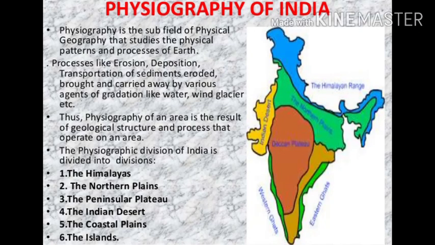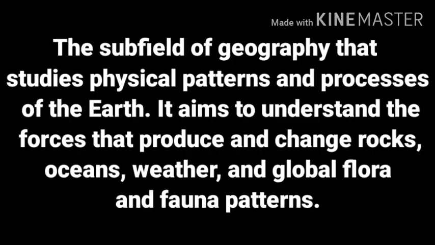So students, to know more about these geological regions, we will see the physiography of our country, which is divided into 6 parts. So let's see. As I already told you, the physiography of an area is the outcome of structure, process and the stages of development.